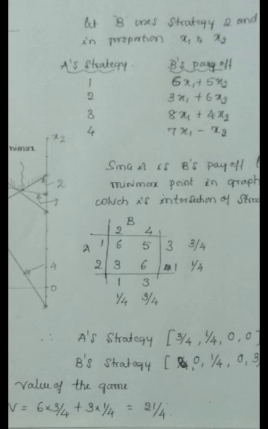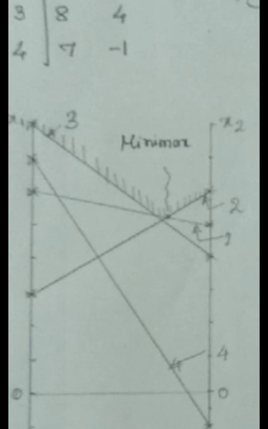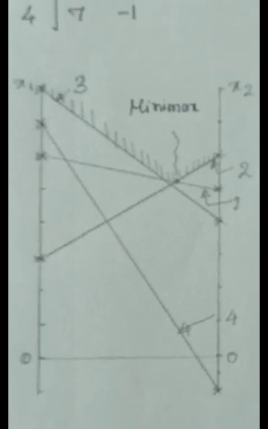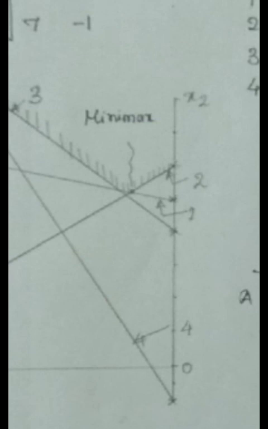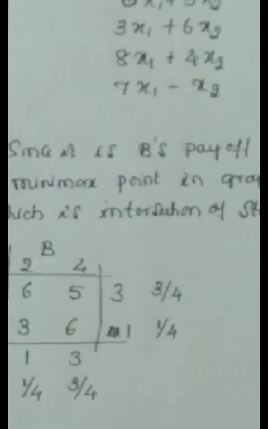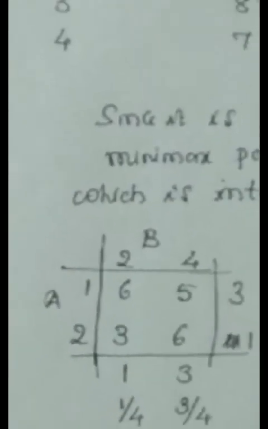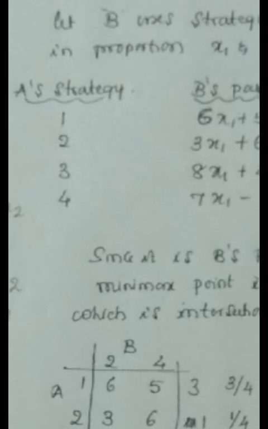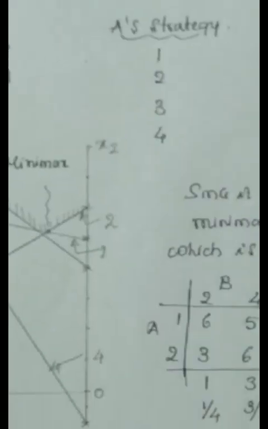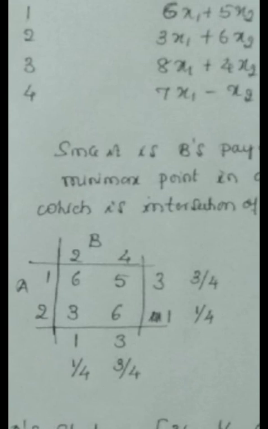Sorry, the best strategy for B is 1 and 2, not 2 and 4. We should consider 6, 5, 3, 6. By mistake, I had written it as 2 and 4. It is 1 and 2.